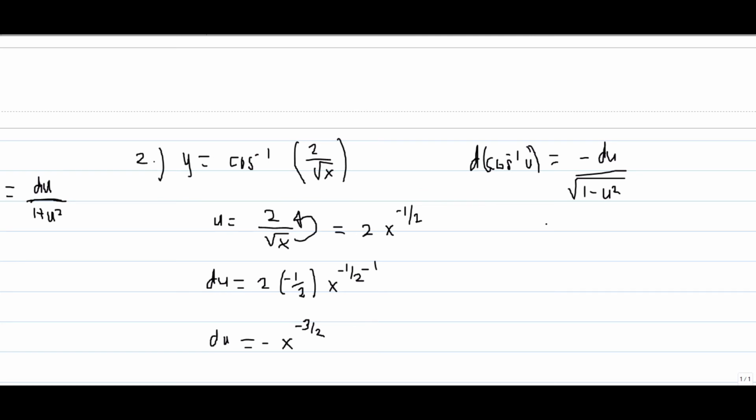So y prime here equals negative, substituting the equivalent du, x to the power negative 3 over 2, over the square root of 1 minus 2 x to the power negative 1/2.